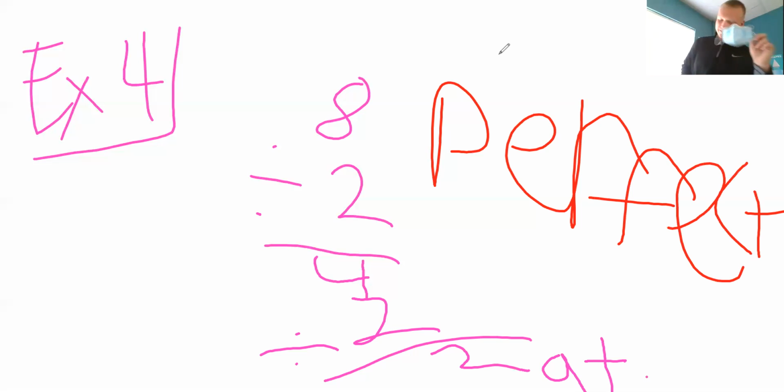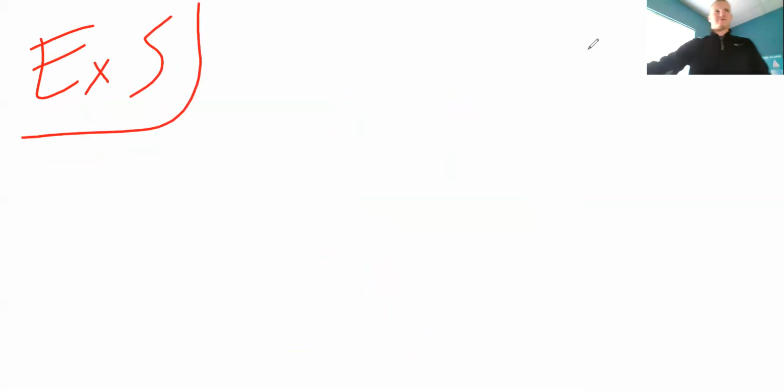Perfect. Good. My turn. So that was example 4. Example 5, Oasis, come finish this off for us. How many Fahrenheit degrees are between freezing and boiling?